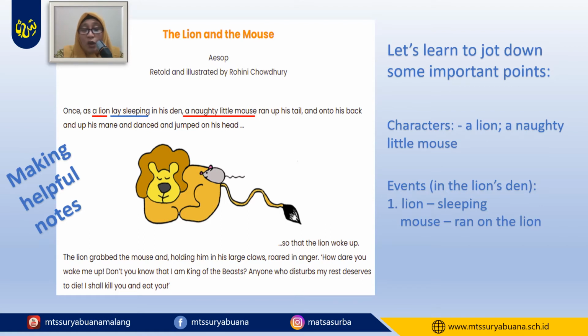And then, what did the mouse do? Okay, the mouse ran up from the tail until the head. So we can say the mouse ran on the lion. Okay, and then the lion woke up.